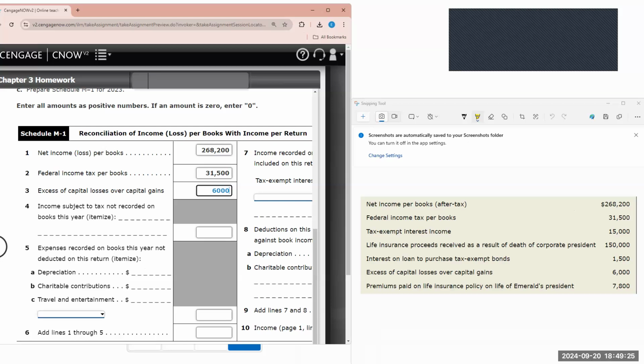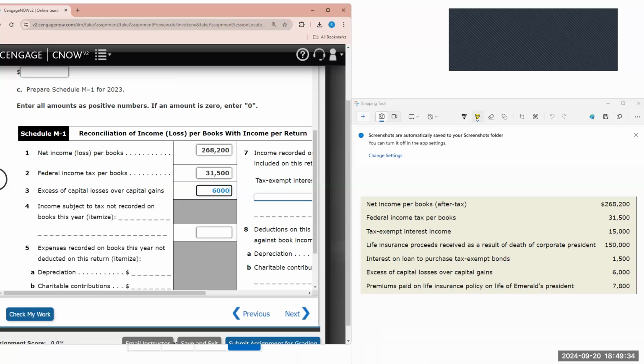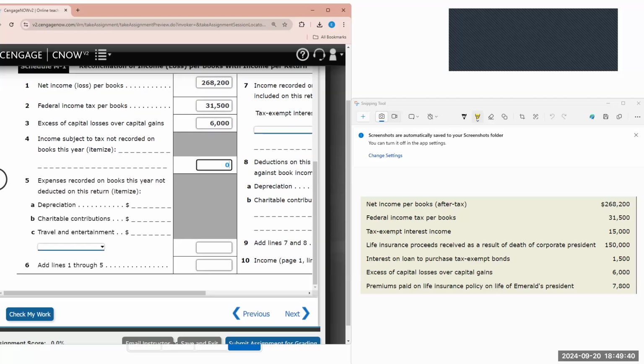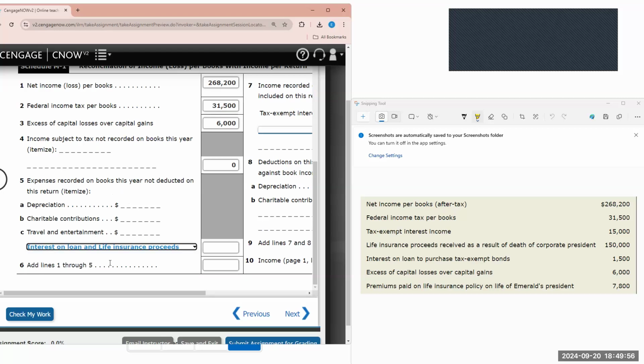So that's $6,000. The next step asks us, is there any income subject to tax not recorded on the books this year? The problem doesn't let us know that, so therefore, line 4 is a 0. We scroll down and line 5 asks us about any expenses recorded on the books this year not deducted on the tax return. This is the interest on loan and the life insurance premium.